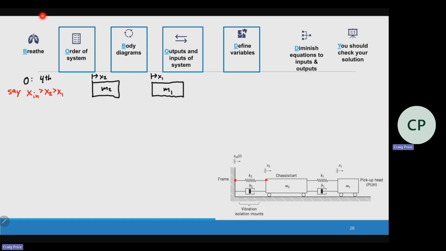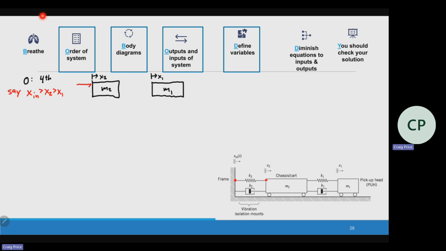It's true, we can choose whatever direction we want, but when I get to my definitions, I just want to make sure that I am consistent. So let's say X in, that's what I start with. The frame moves positively. What happens to the spring? It compresses. So what does it do? It pushes to the right.